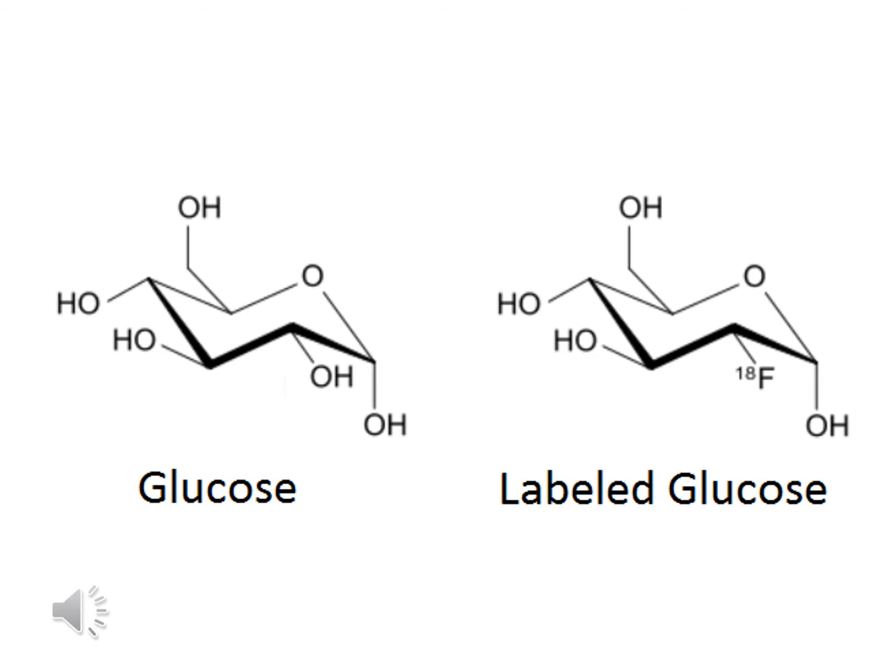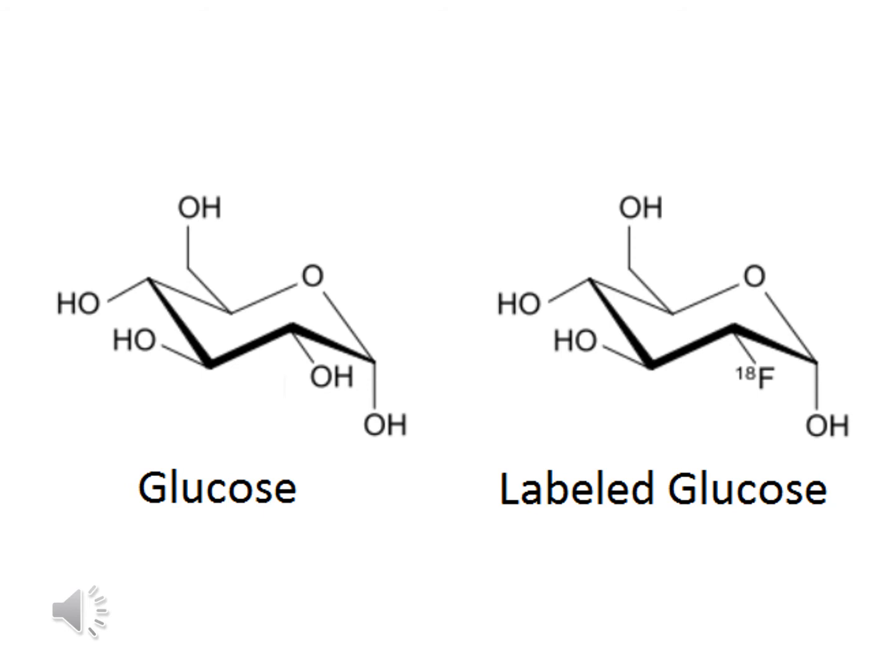Now, the thing is, the glucose exists as a six-membered ring, and oxygen is one of the atoms. If you take the carbon, which is labeled carbon-2, you can, by organic synthesis techniques, remove the OH and put on a radioactive fluorine. The thing about that is fluorine and OH have about the same diameter, so it doesn't really change the molecule that much.